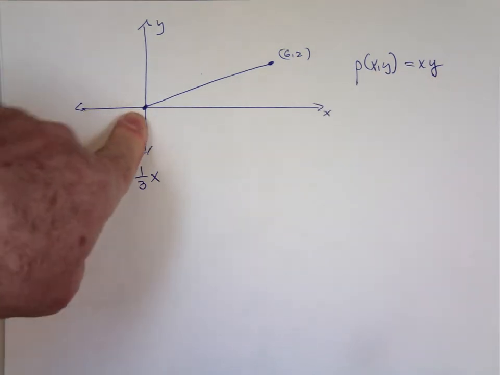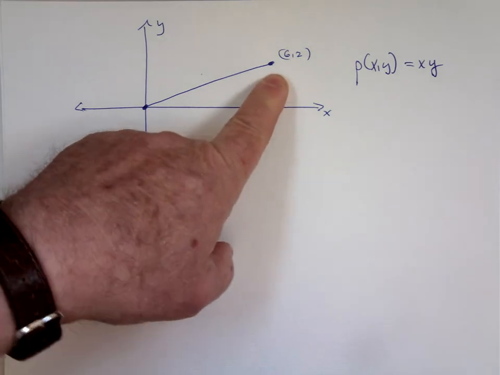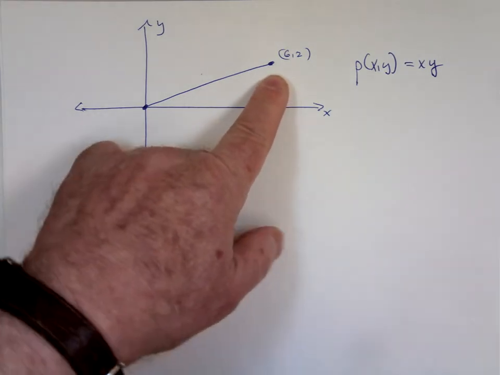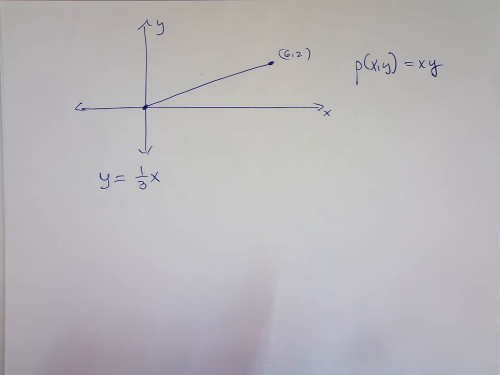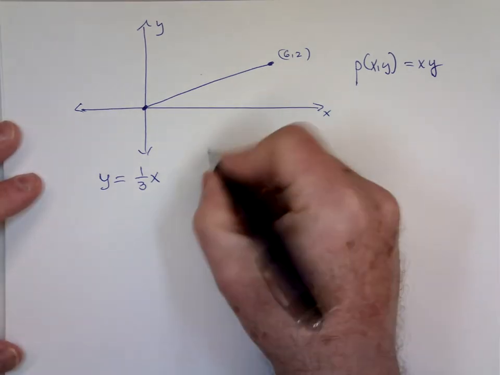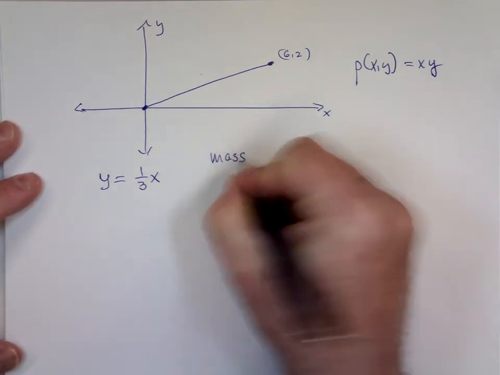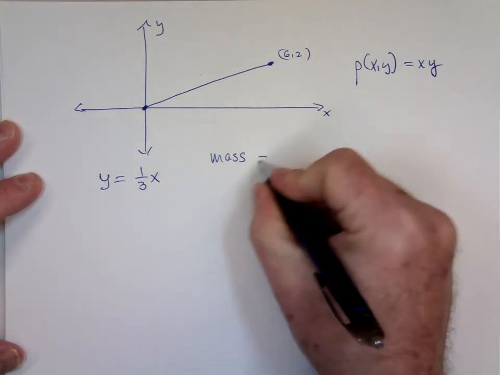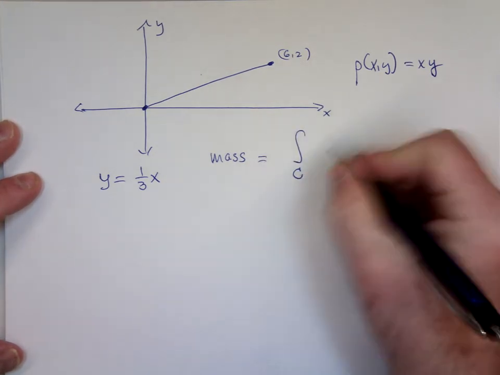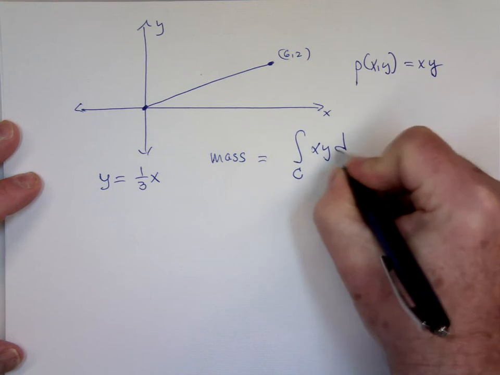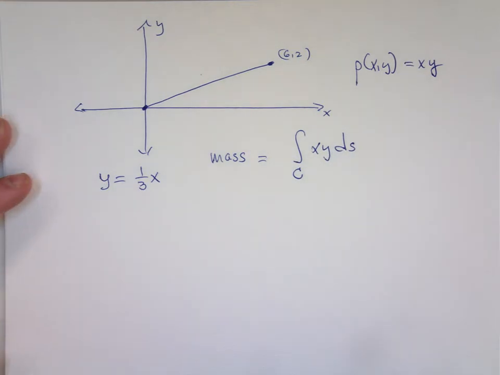But at the end point, the density is 12 grams per square centimeter, whatever. We want to find the mass of this wire with its constantly changing density. Well, let's set it up. The mass is equal to the line integral of our density function over this arc length, over this path.